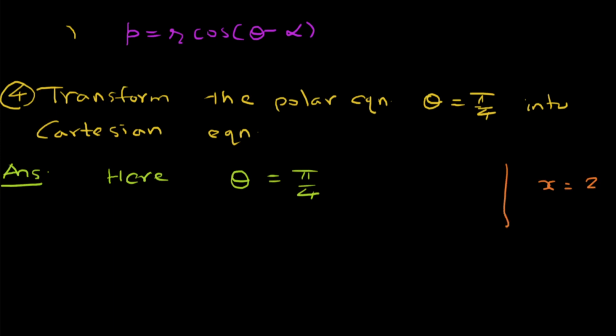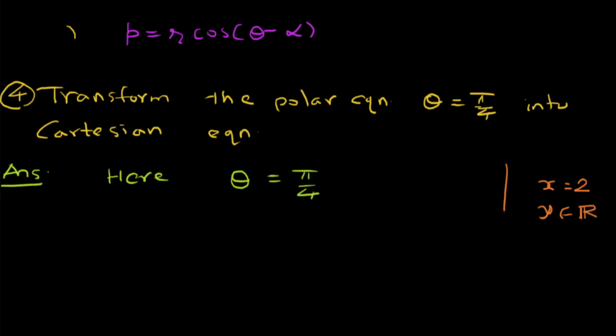You know very well that this is the equation of a straight line parallel to the y-axis, or a vertical line. What is y here? y is not present. That means y is not 0, but y is arbitrary. y can take any real value.